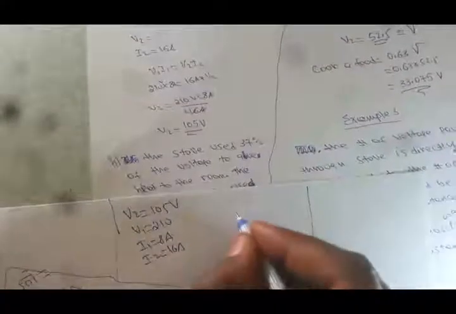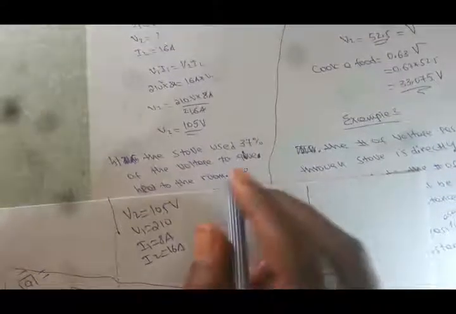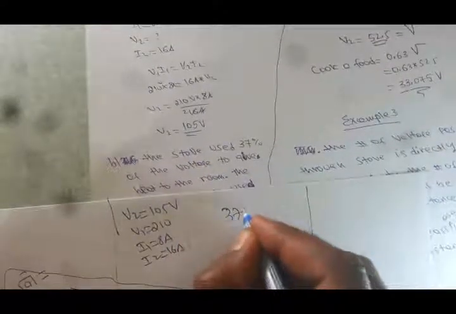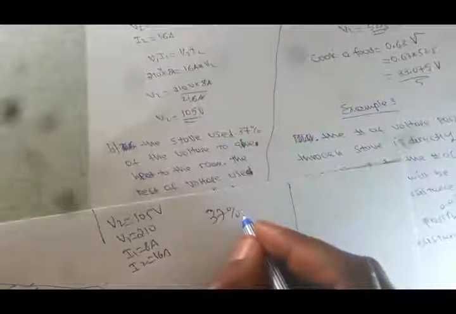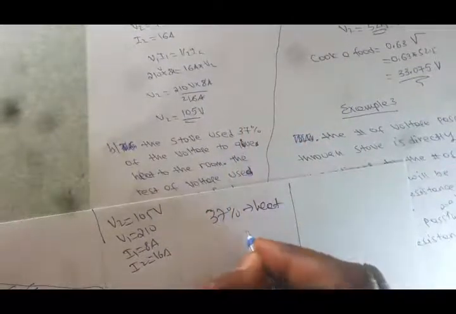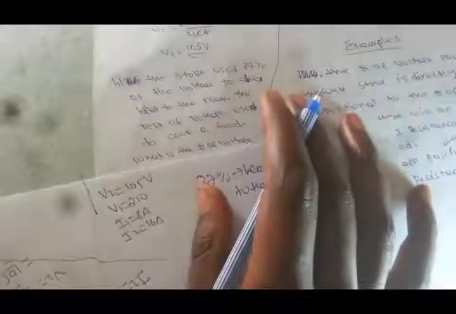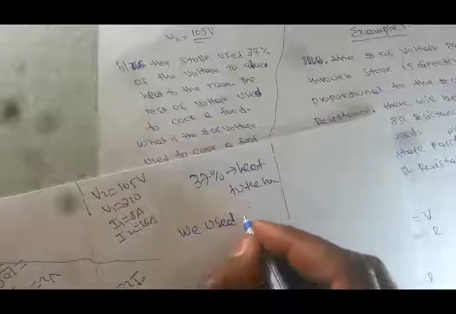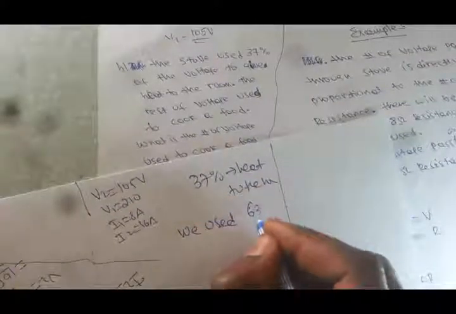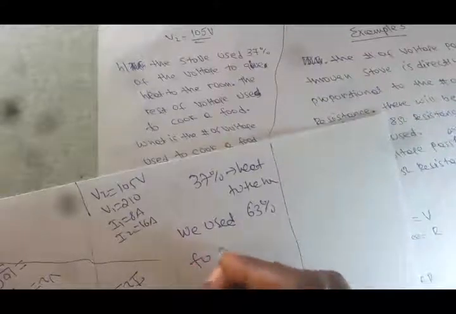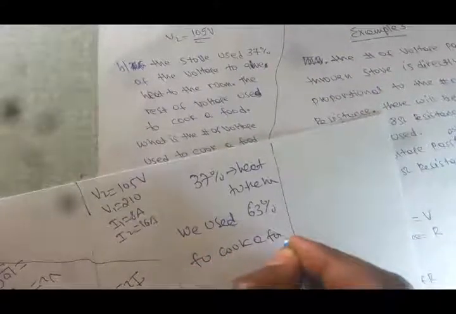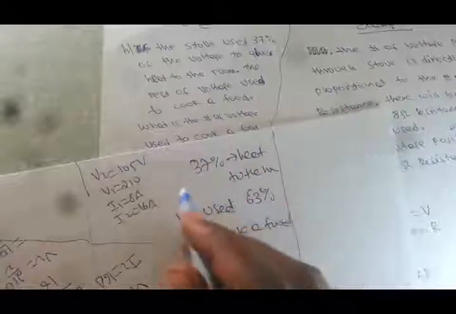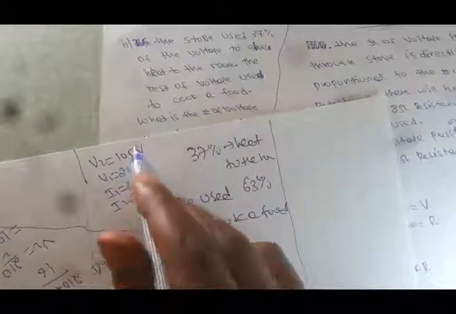And the stove used, the example says that the stove used 37% of the voltage to give heat to the room, and the rest of the voltage is used to cook food. And we are asked what is the number of voltage used to cook food. Therefore we use 63% to cook food. The total voltage that will pass through, we already got 105.